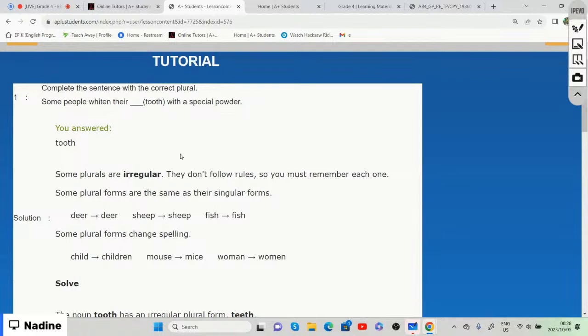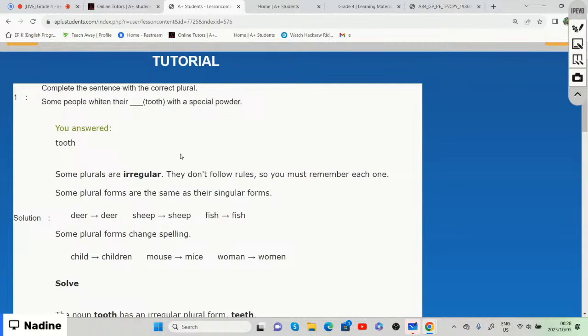Different words, the plural forms would be different to one another. Sometimes the singular as well as the plural form would be the same. So some plurals are irregular, and that is why we call it irregular, because they don't follow rules. You are just going to have to remember each one.